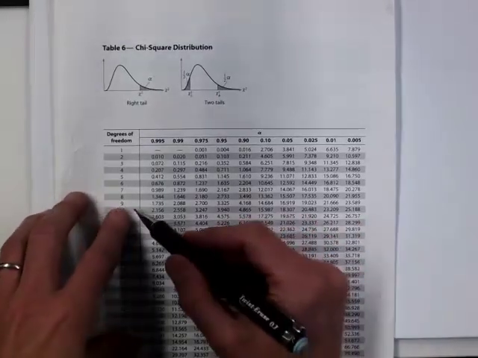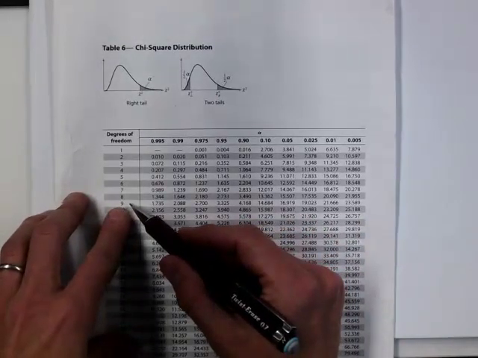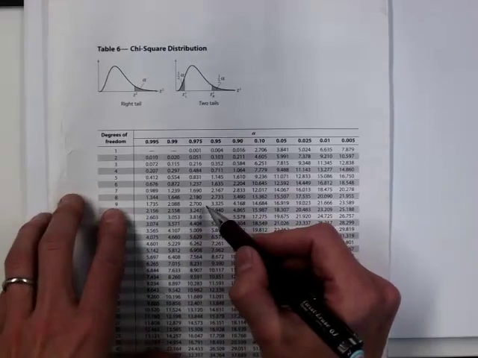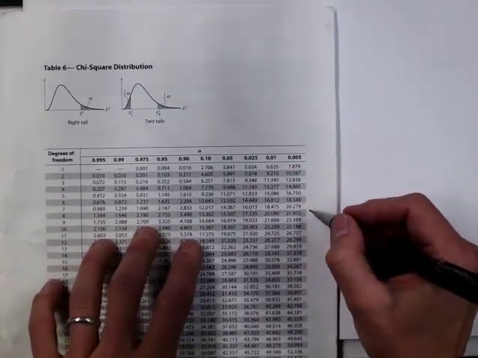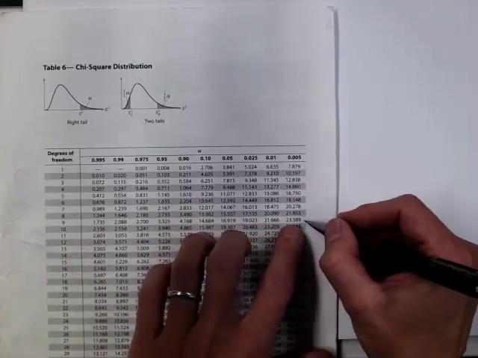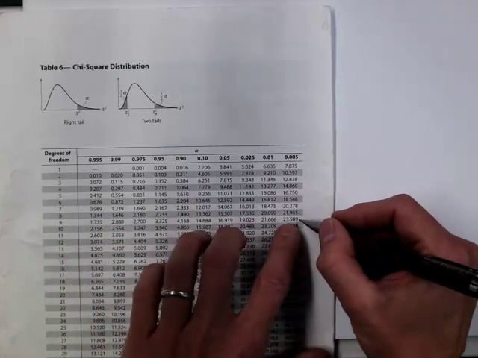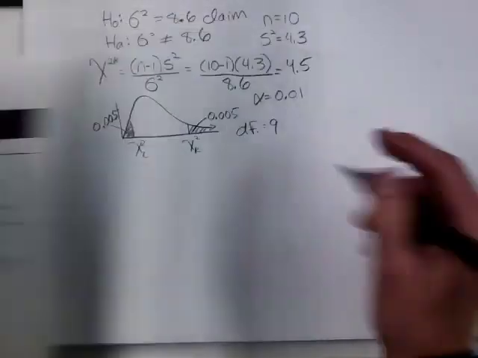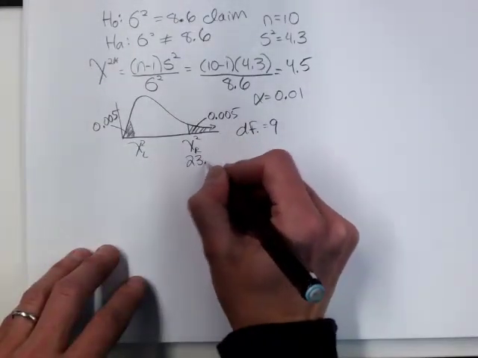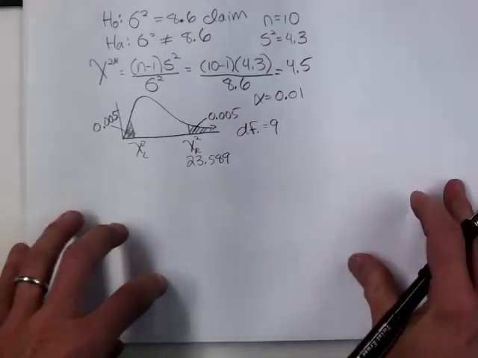I'm going to read down to 9 degrees of freedom and over to an area of 0.005. Do you get 23.589? So 23.589 for the upper critical value.